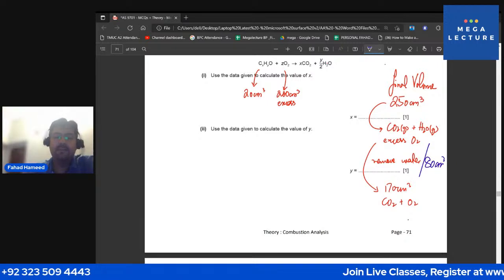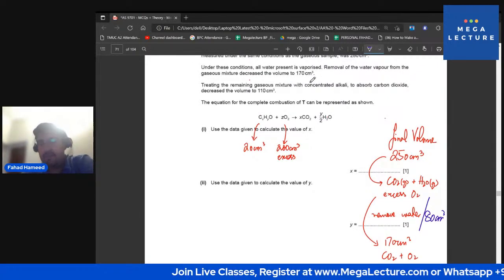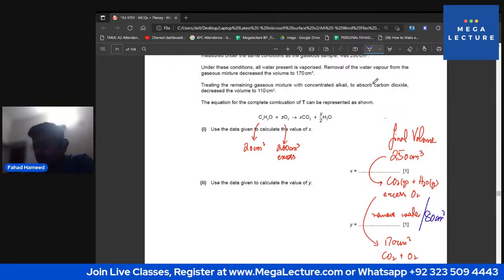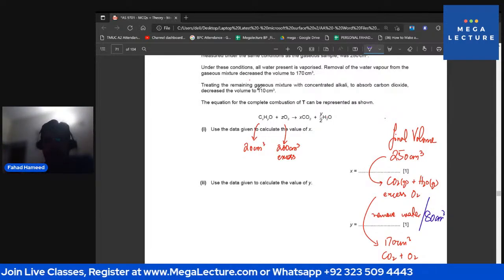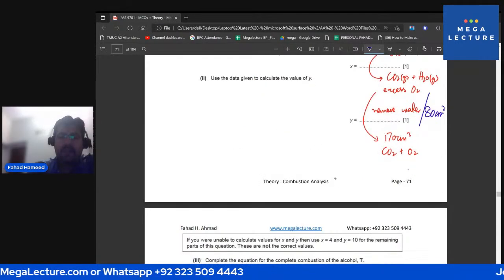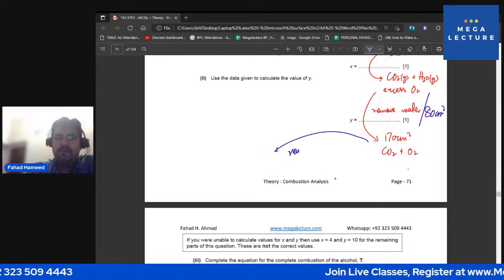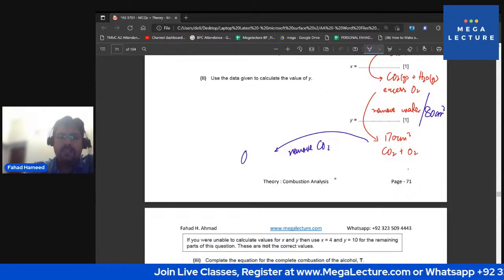80 cm cube. The question then goes on to state that if you pass the gas through concentrated alkali and absorb the carbon dioxide as well, the volume further decreases to 110 cm cube. So now you remove CO2, and the only thing left is O2.